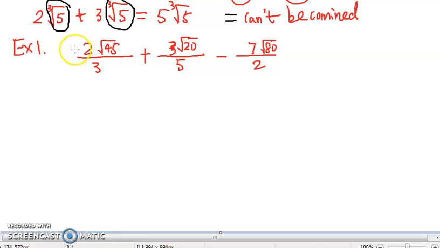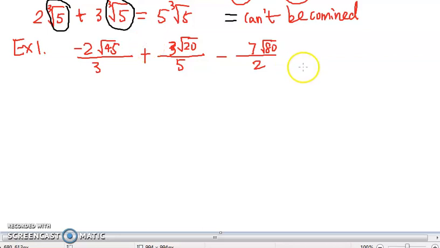To do a similar example as the homework, I'm going to put a minus here. So we are going to combine, or you can say add or subtract, these radicals.